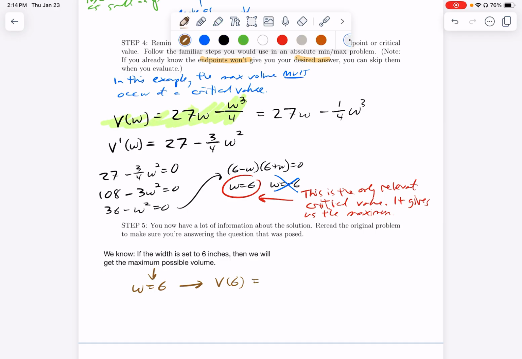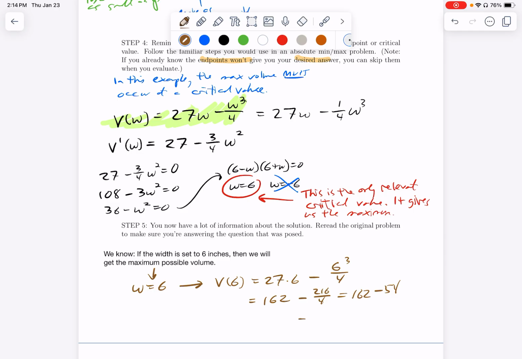V of 6 would be 27 times 6 minus 6 cubed over 4. Feel free to use a calculator. I don't have one handy with me as I do this, but this is going to be 162. This is going to be 216 over 4. 216 over 4 is 54.